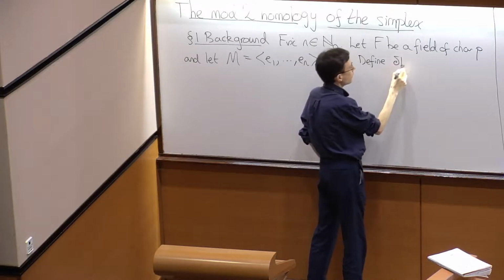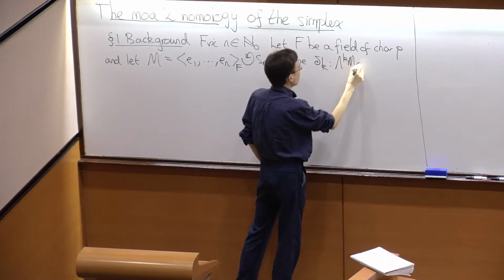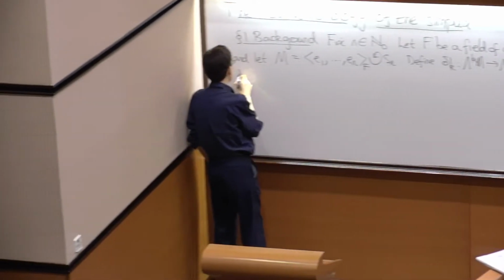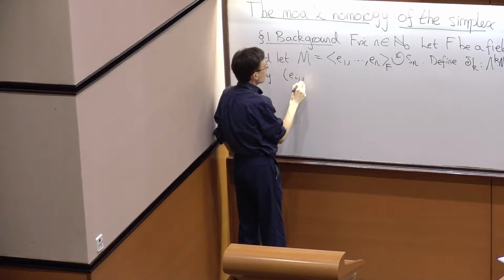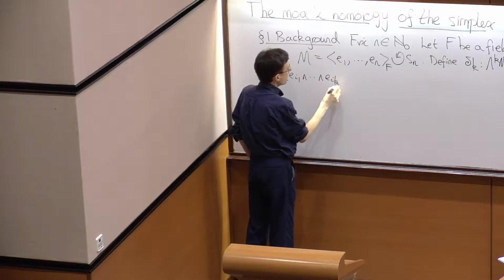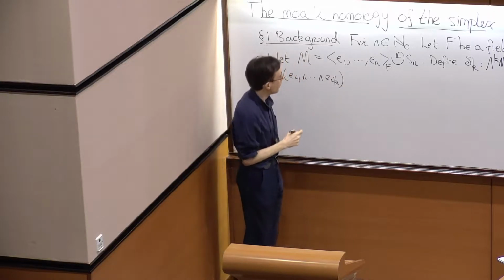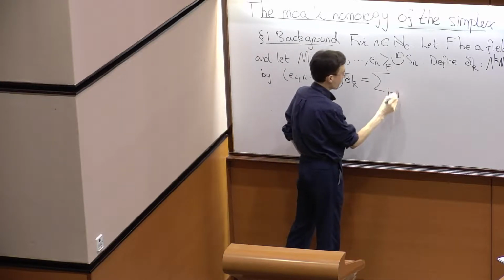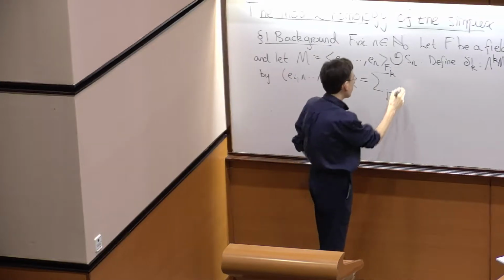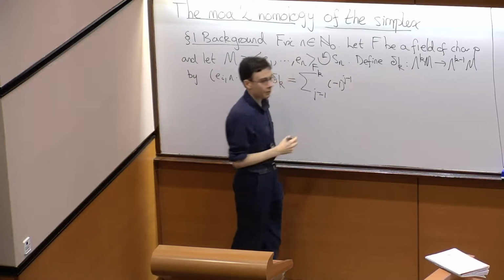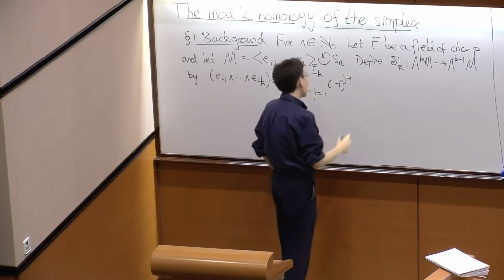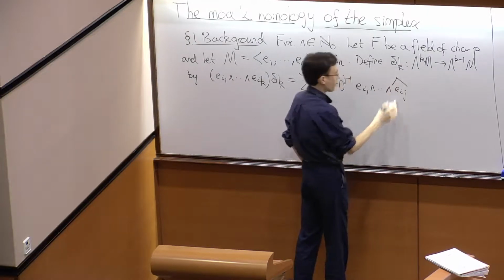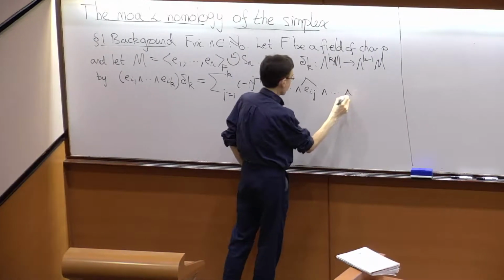I'll define delta k from the kth exterior power of M going down 1 degree to wedge k minus 1 M by, given a k-fold wedge product ei1 wedge up to eik, its image under delta k, and I'm sorry, I'm writing my maps on the right, which I know is now hopelessly old-fashioned, but you'll just have to put up with it, I'm afraid, is the sum of minus 1 to the j minus 1, because I like to start positively, times ei1 wedge, and then you delete the jth term. So that is a hat, not a wedge, which means that you delete it.